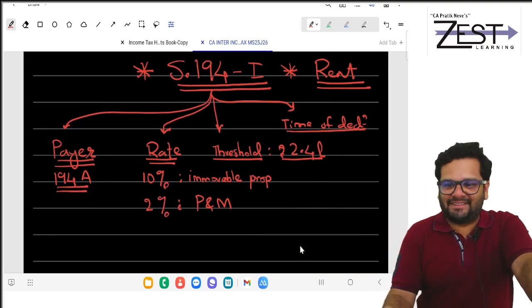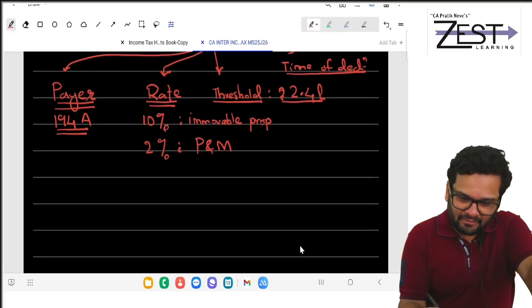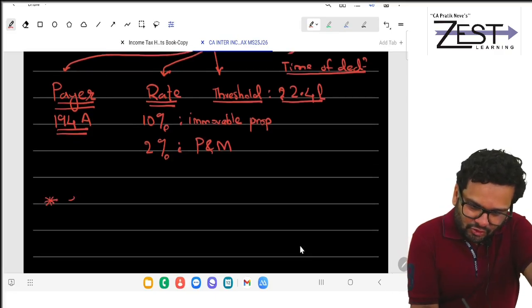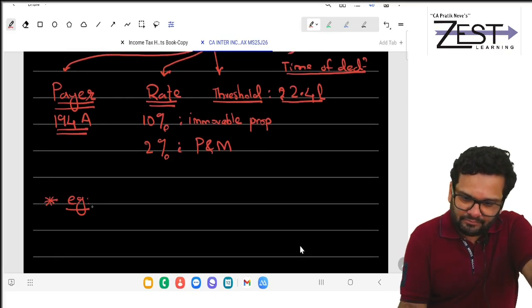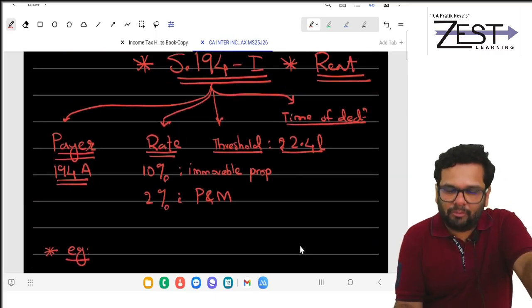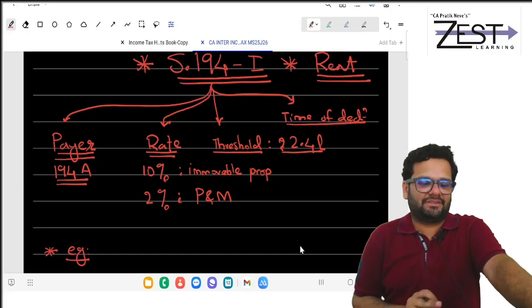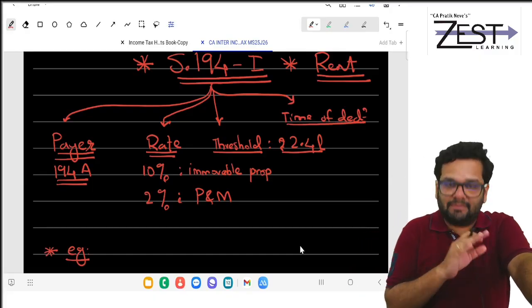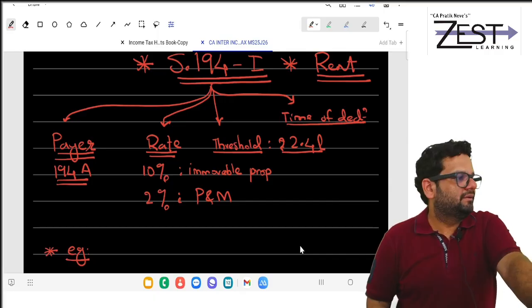Example. You will need an example, so write it. There is no complication of minimizing the percentage; it remains the same throughout the year.